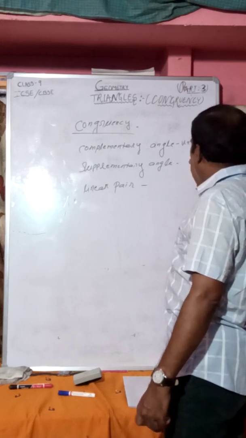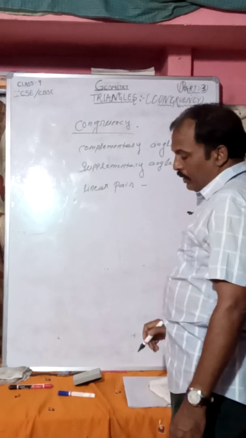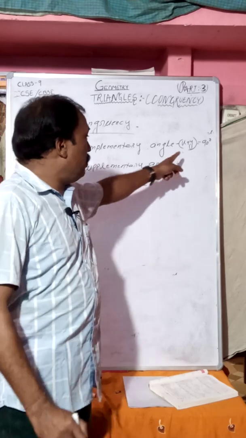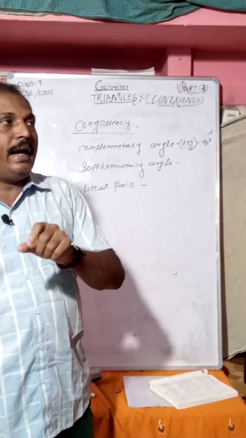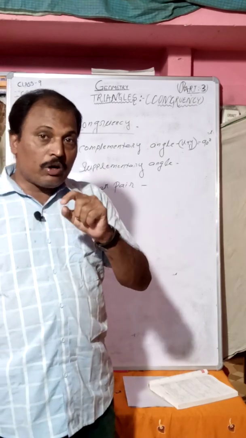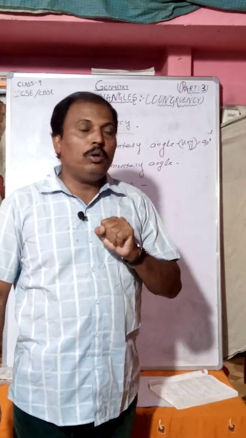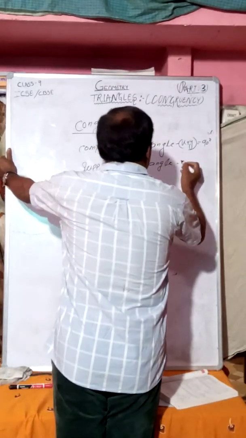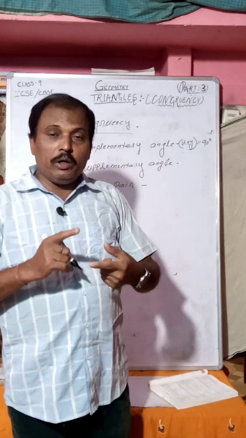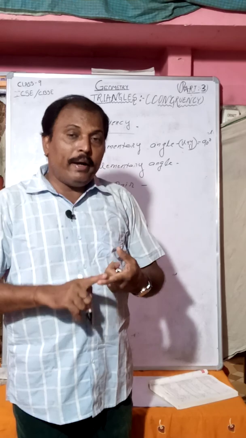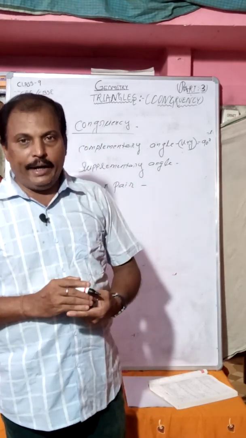If x plus y is equal to 90 degrees, then x is called the complementary angle of y and y is called the complementary angle of x.